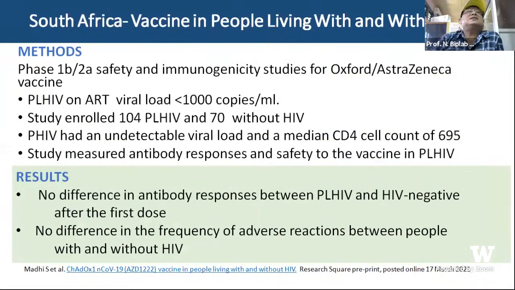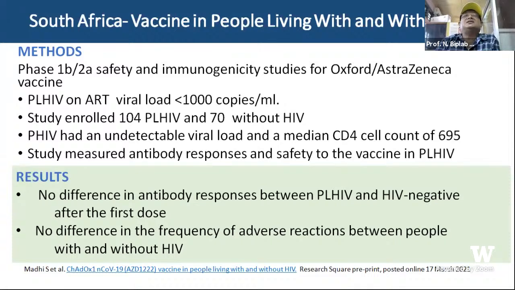Now, this is another study from South Africa. They selected PLHIV with a viral load of less than 1,000 copies, and 104 people were enrolled, with 70 HIV-negative controls. The PLHIV had an undetectable viral load and a median CD4 cell count of 695.